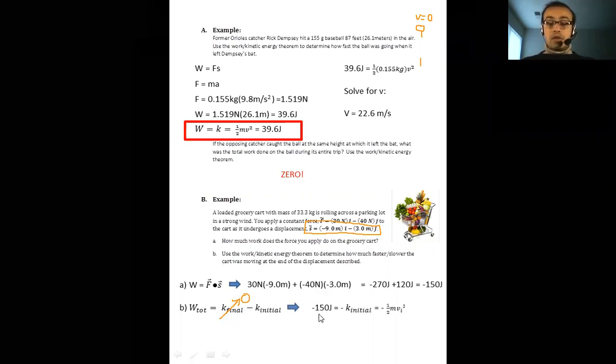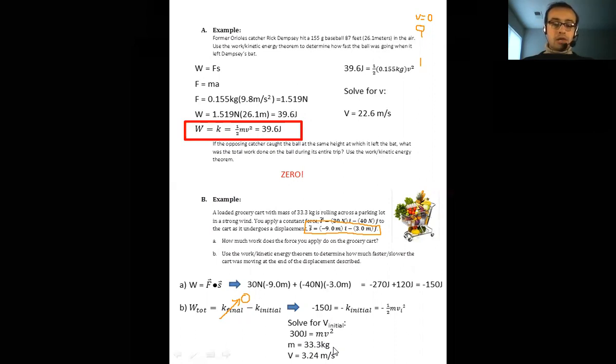So we say negative 150 joules is equal to the negative of the initial kinetic energy, which equals negative 1/2 m v sub i squared. So all we have to do in this case is solve for v initial. If you multiply both sides by -2, you find that 300 joules equals mass times velocity squared.